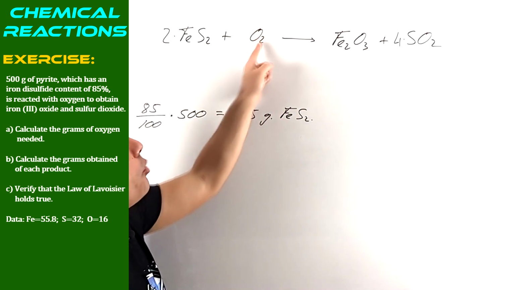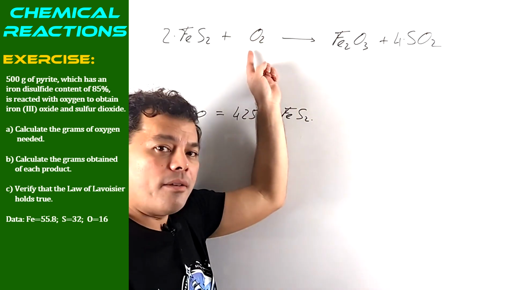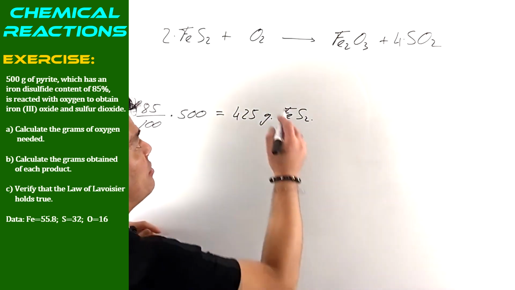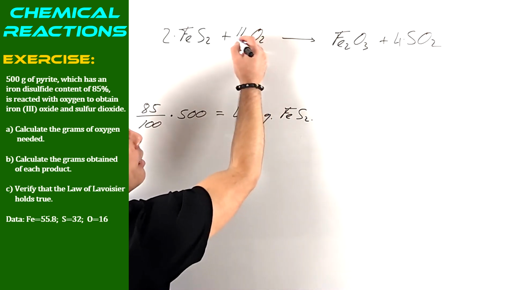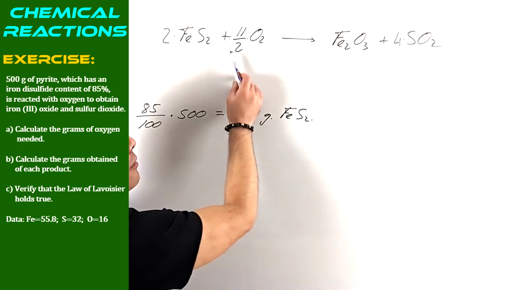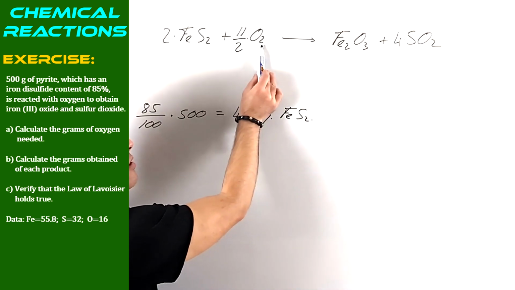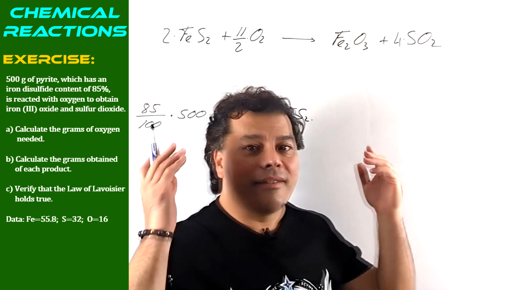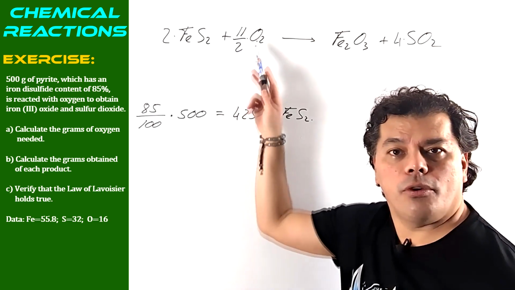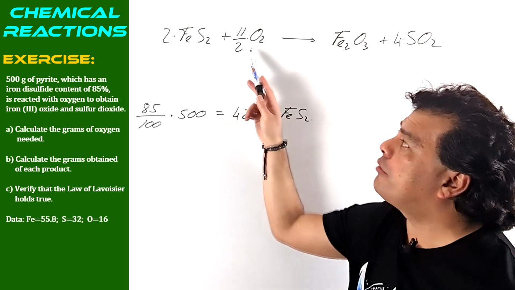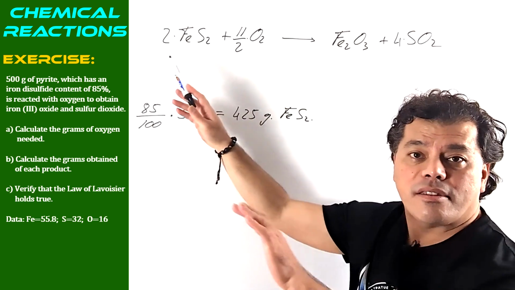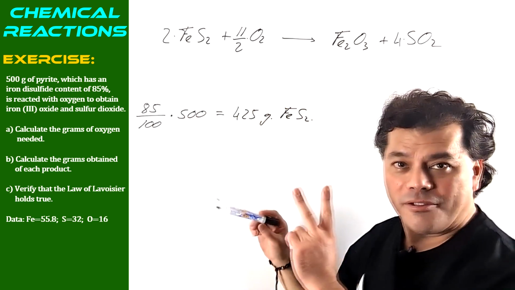So how can we achieve 11 oxygen atoms in this position? Just place 11 divided by 2 in order to cancel the effects of this subscript. And that's it. If you don't want to work with this fraction, and if you want to cancel this denominator, just multiply all the equation by 2.